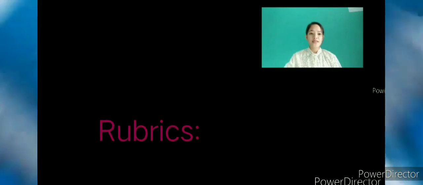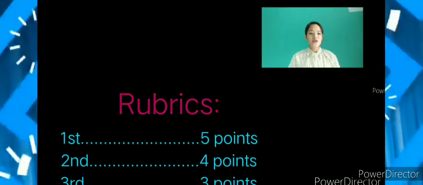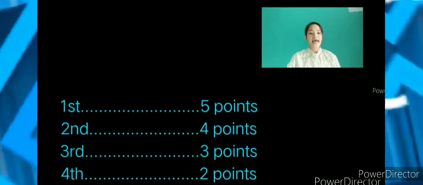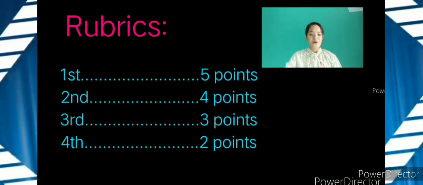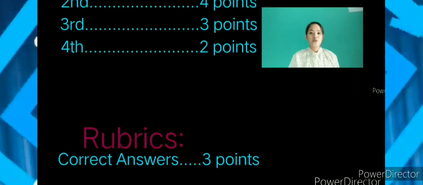And especially we have a rubric. The first group to finish the tournament will get 5 points, the second will get 4 points, the third will get 3 points, and the fourth will get 2 points.